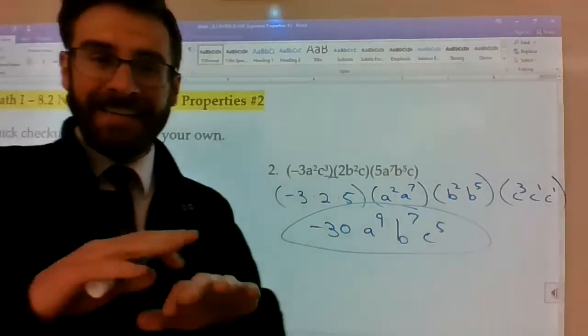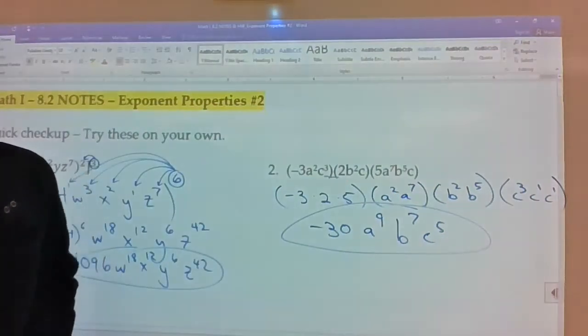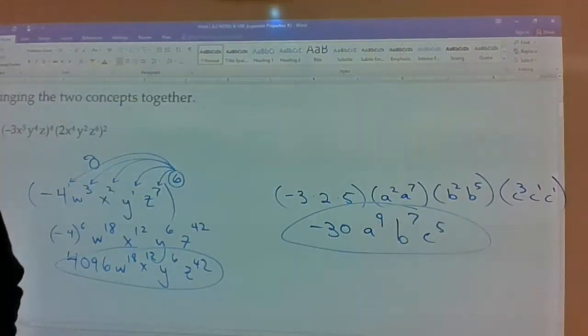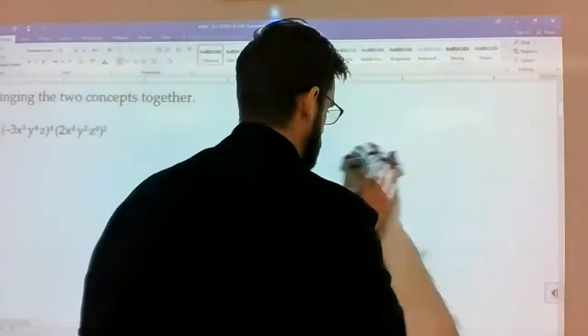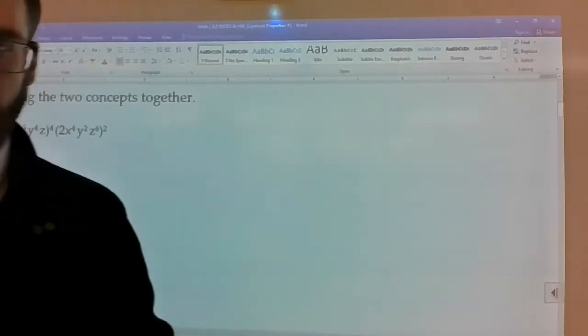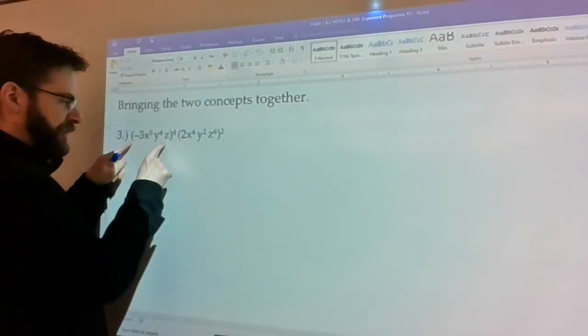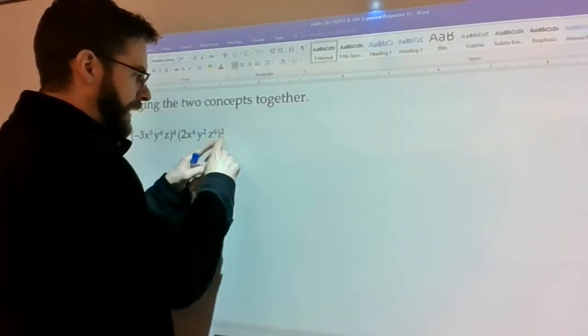Okay, so now that we knocked that out of the way, here's the new lesson. What are we supposed to do when you see an expression taken to a power times an expression taken to a power?